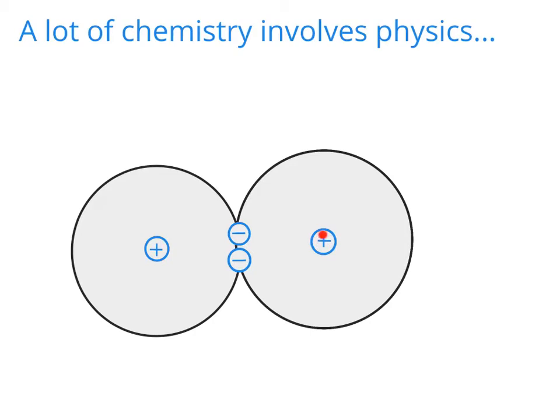Either there is a lot more charge in the nucleus, so now imagine that this atom on the left is on the left of the periodic table, so it doesn't have so many protons, and then by the time we come across to this atom, it is a non-metal on the right of the periodic table, and now it has lots and lots of protons, or more than this one because this is on the left.